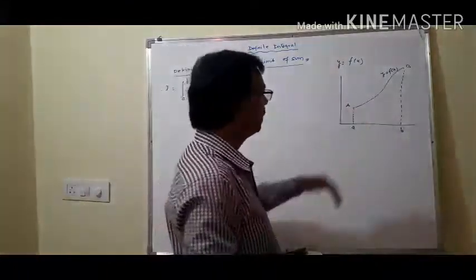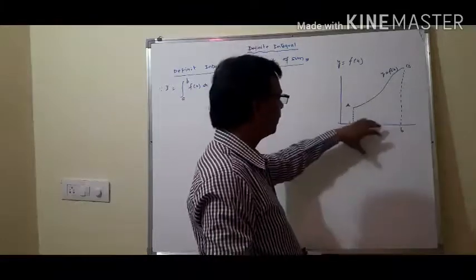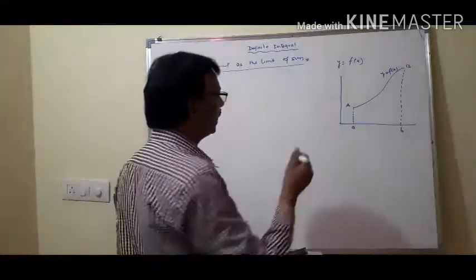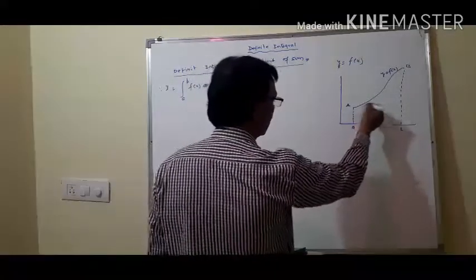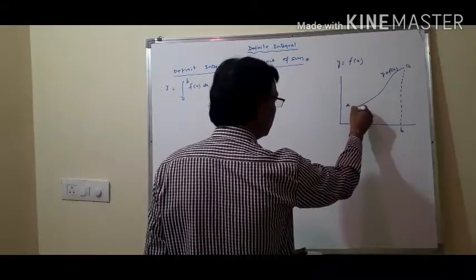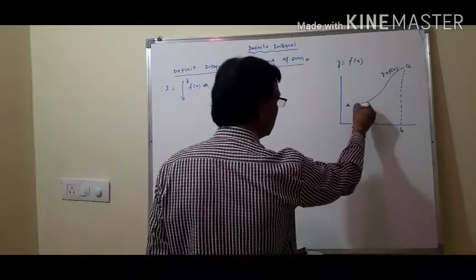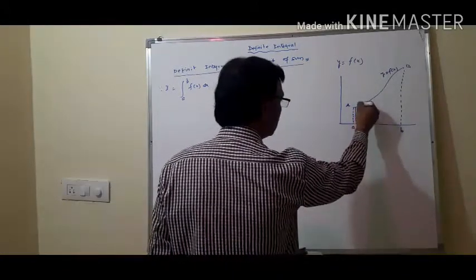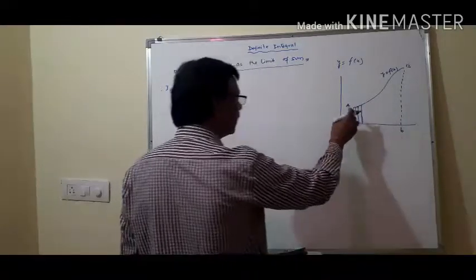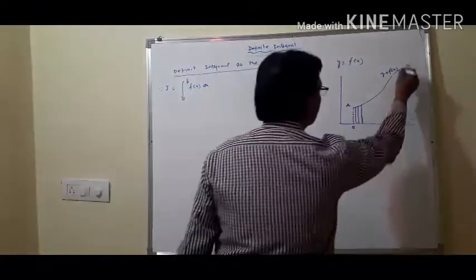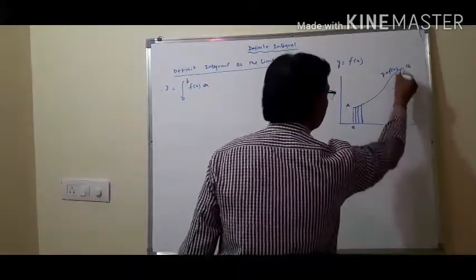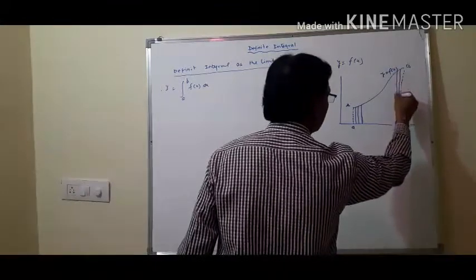You can see here, this is a graph and the area of this region is not any definite shape. So to find the area of this region, we should divide the whole region into equal rectangular strips.